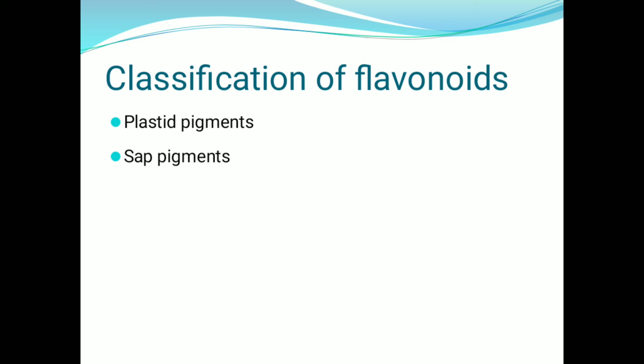Next, second one, sap pigments. Sap means vacuole. What is the definition of vacuole? A space within the cytoplasm of a cell enclosed by a membrane and typically containing fluid.